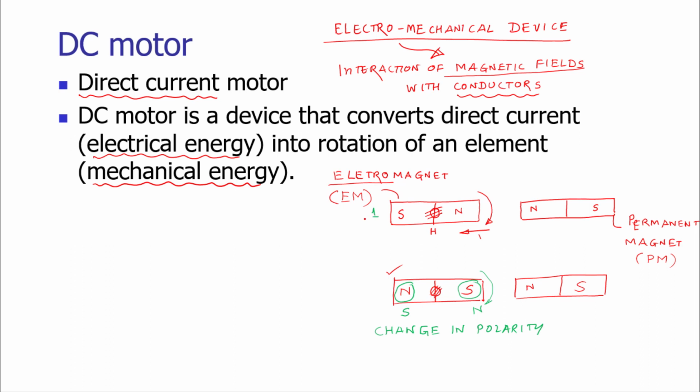This is step number 1 and this is step number 2. Steps 1 and 2 will be repeated in sequence, and in this way we are getting clockwise motion about H. The thing is that by having a switching mechanism of magnetization, we can get the rotation of the mechanical element, and that rotational mechanical energy can be utilized for a variety of applications that we have already seen in our previous class.